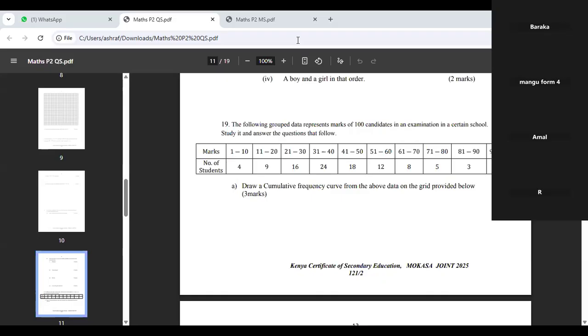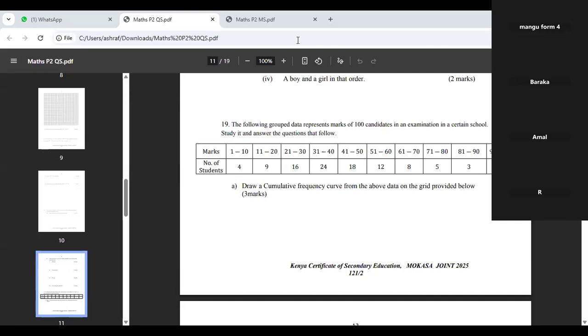Yes, Baraka. I think we draw cumulative frequency against upper class limit. So cumulative frequency on the y-axis, and on the x-axis we have the class boundaries, but we plot against the upper class boundary or limit. Boundary, I'm talking of the one with 0.5.